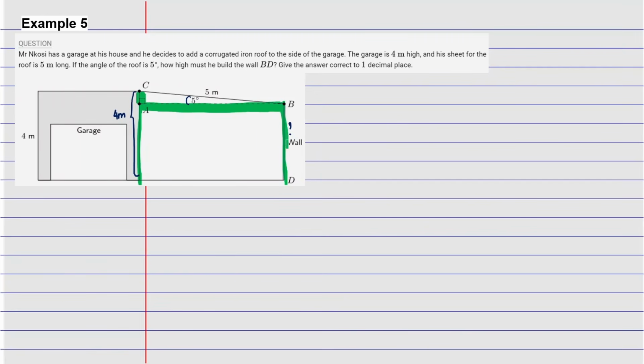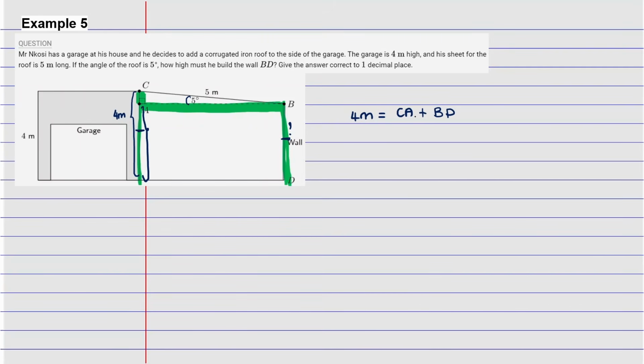So BD is going to be equal to this. Let me take my pen. This and this portion are equal, right? So we know that the whole 4 meters is made out of the small portion, which is CA, plus BD, because this and this are the same thing.